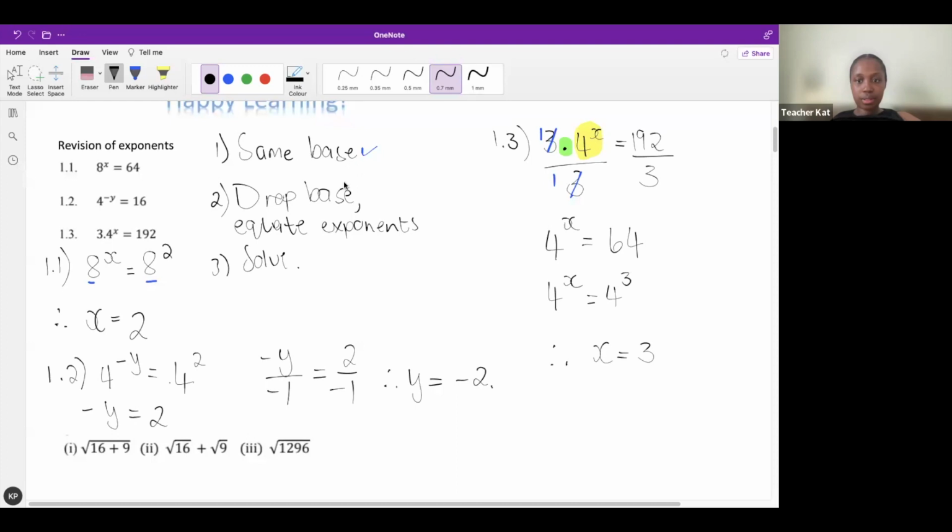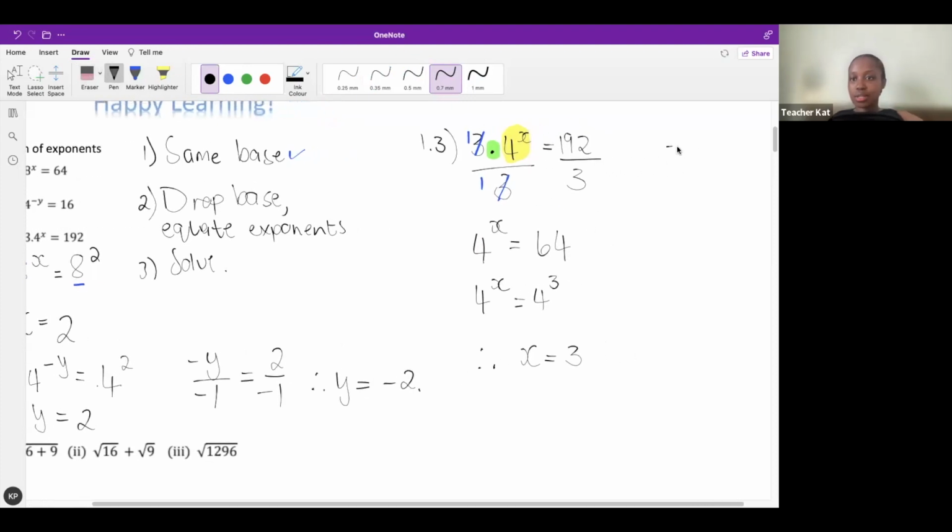Ma'am, on the fraction, how are we going to cancel the threes? Yes, because remember we divided by 3, right? So if you say 3 divided by 3, what's your answer? 1.